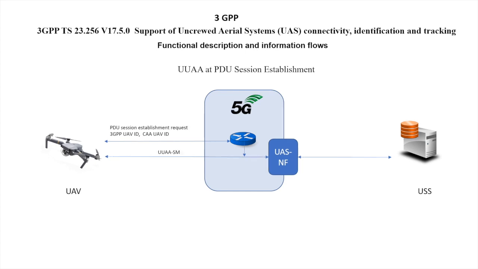When the UAV sends a session establishment request with USS, it provides the 3GPP UAV ID and CAA UAV ID to 5G. 5G will run the UUAA-SM procedure to exchange authentication authorization messages between UAV and USS.